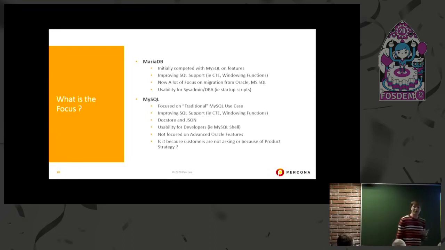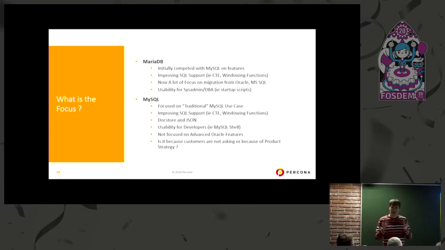MySQL, I think, has been focused on the traditional MySQL use case for a lot of large internet companies, many of which continue to run MySQL many years in. They also did improve SQL support, like CTEs and window functions, and so on. In many cases it lagged behind MariaDB, but it's now there.